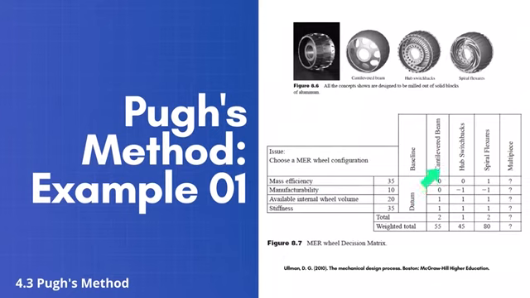When we compare the cantilever beam to the baseline with respect to mass efficiency, the score is 0. So 0 means that the characteristic between cantilever beam compared to the baseline in terms of mass efficiency is about the same.